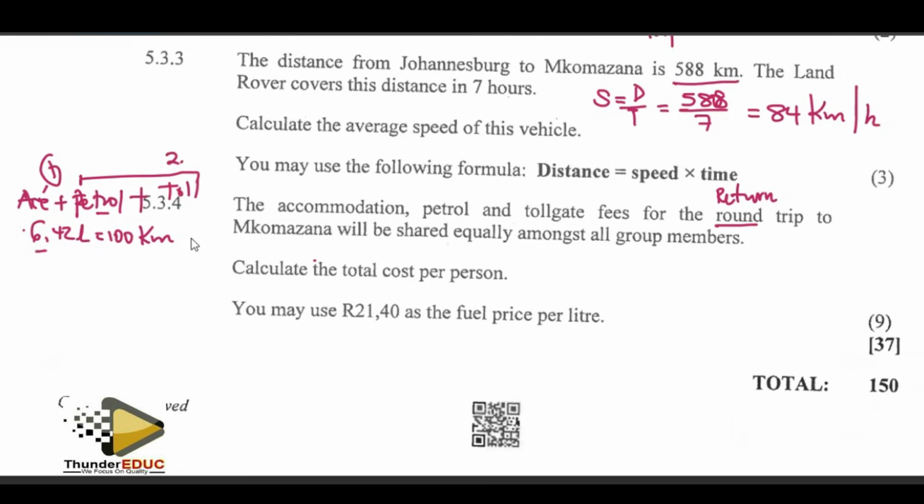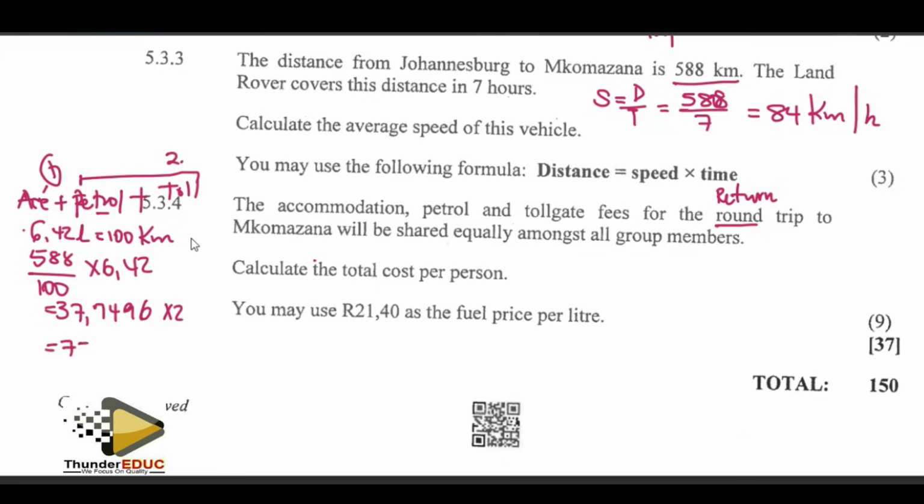We shall take the distance covered, 588, divided by 100 times 6.42. I'm looking for the amount of liters. We have it as 37.7496. Multiply this by 2. These are number of liters.